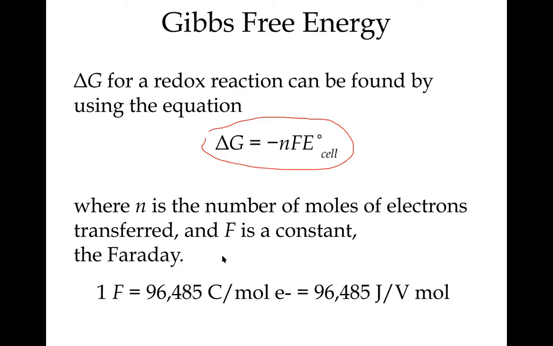Anyway, off that sidetrack, what is F? F is a constant equal to 96,485 coulombs per mole of electrons, okay? Or we could write that as 96,485 joules per volt times mole.